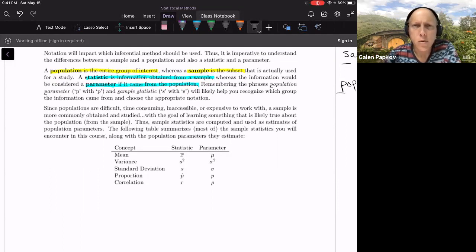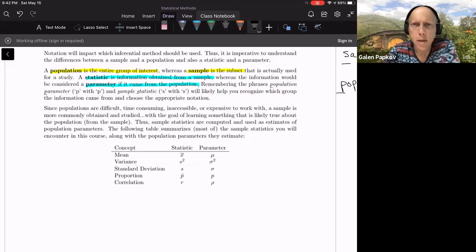And so you are encountering now, and for the rest of this course, symbols or concepts that appear to have two different symbols for it. But the difference is that one symbol corresponds to that concept when that numerical summary is calculated from the population, the big group of interest. And if that concept comes from the small group of interest, then it's from the sample and it's a statistic.